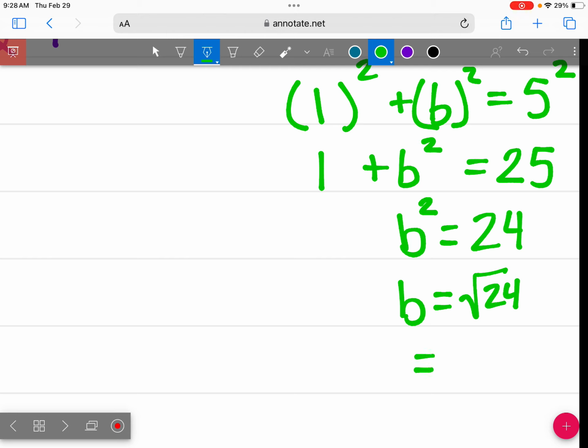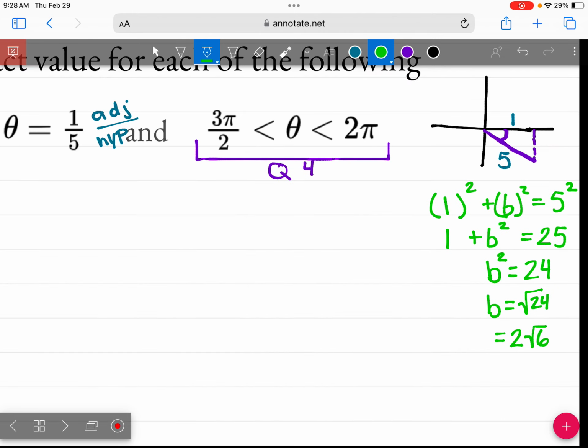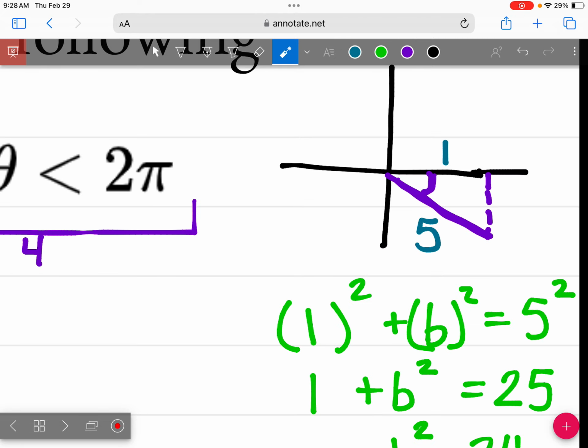So perfect square inside there, 4, so we have 2 square root of 6. And I heard a couple of people notice it. Is it going to be positive or negative? Negative. Negative 2 square root of 6.